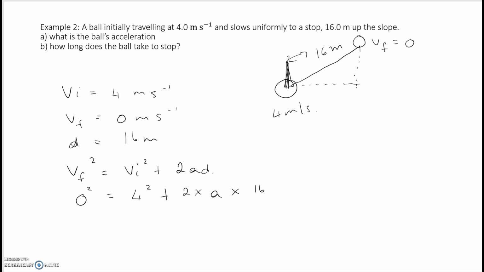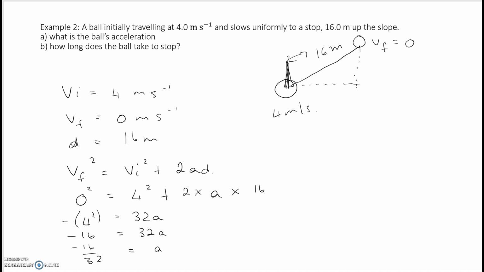Now, using some algebra, we can shift the 4 squared onto the left, and that leaves us with 2 times 16, which is 32a. Now, negative 16 equals 32a. Divide both sides by 32, negative 16 over 32.